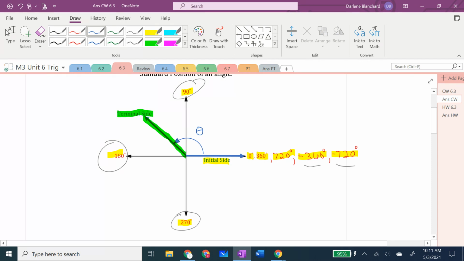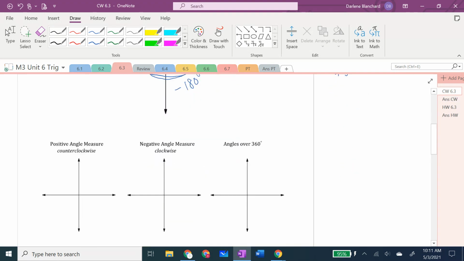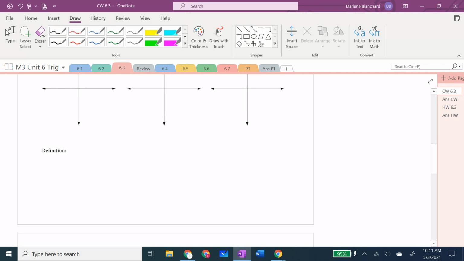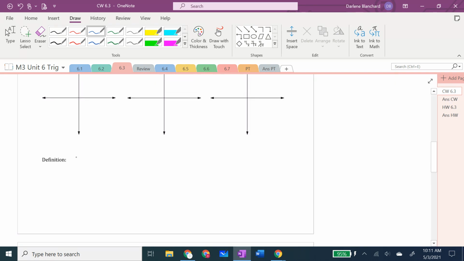If I want to find what's called a coterminal angle, and I believe that's what I meant here, coterminal angle. A coterminal angle is an angle that shares the same terminal side. Any two angles or more that share the same terminal side.